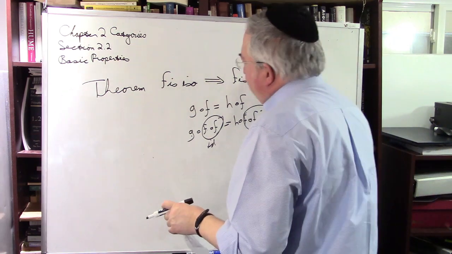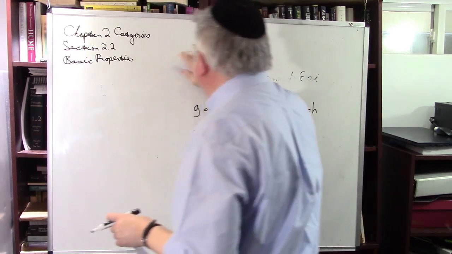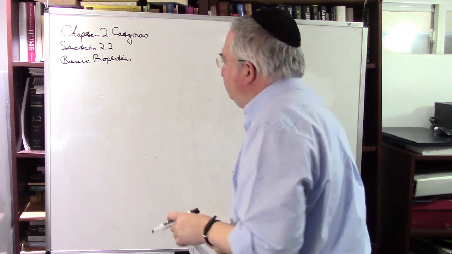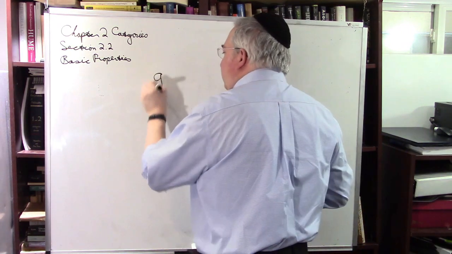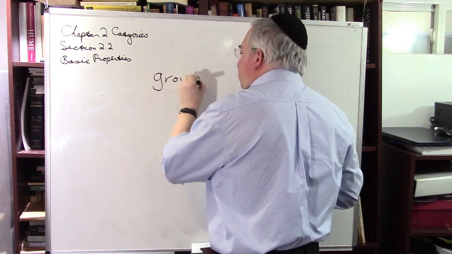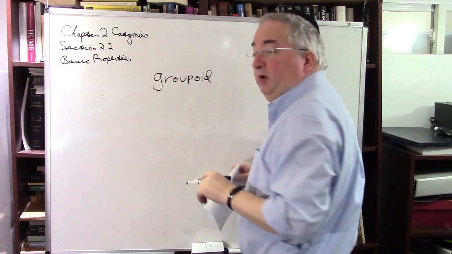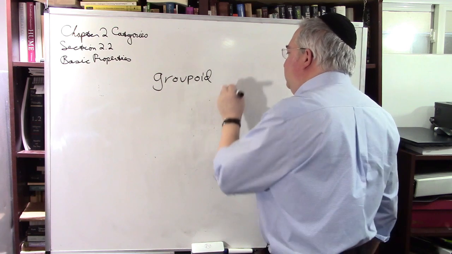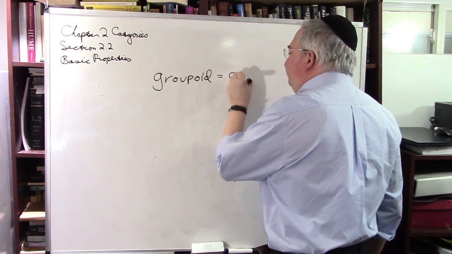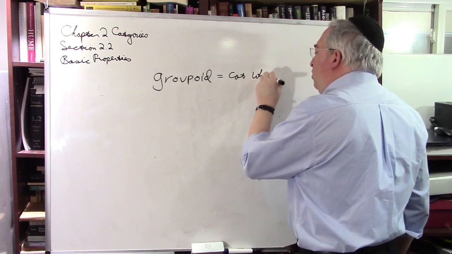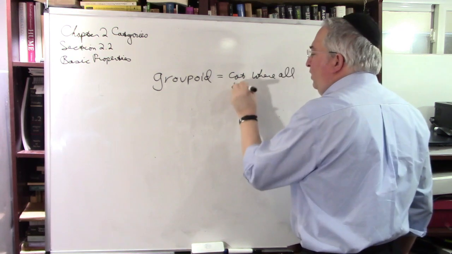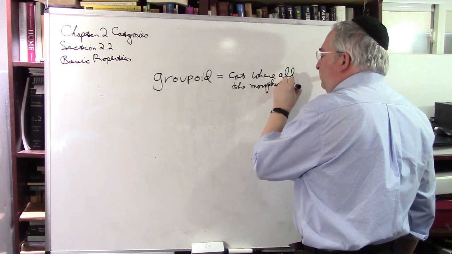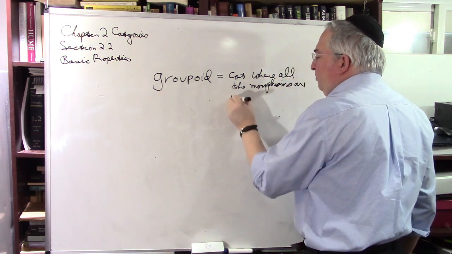Good. Let's go back and talk about isomorphisms, because we like isomorphisms. They make things more interesting. So we want to talk about two types of categories. One is called a groupoid. That's an algebraic structure, but it's a little bit more complicated than anything else we talked about. Basically, this is a category where all the morphisms are isomorphisms.